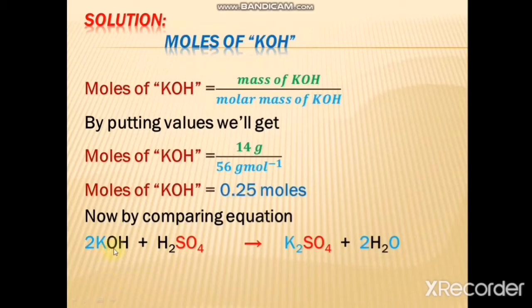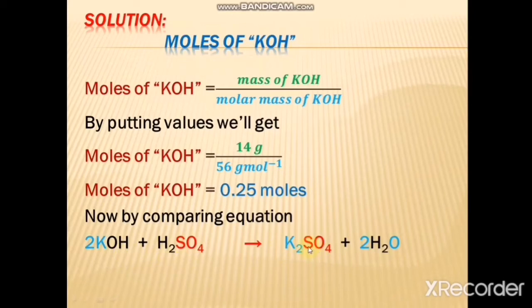Now look at the equation and keep in mind you will have to compare the moles of potassium hydroxide with moles of potassium sulfate, and moles of potassium hydroxide with moles of water, in order to find the moles or grams of potassium sulfate or water. Sulfuric acid is in excess, so we don't use it in the comparison.